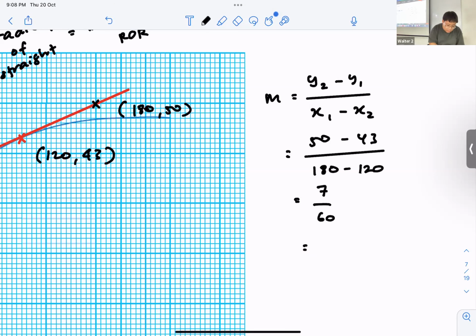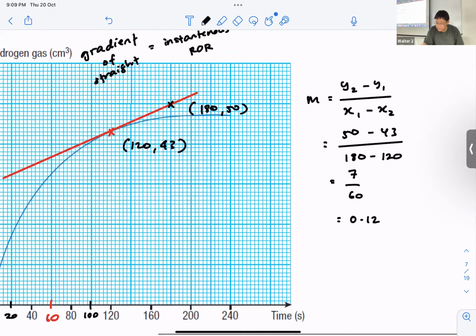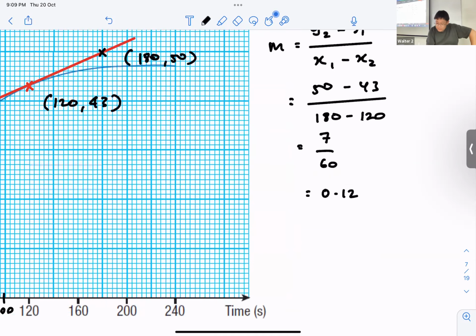So mine is 0.117. You see mine also not 0.11. It's 0.117, but it's very close, so acceptable. Another value is 0.108. So 0.11, right? Round to the nearest two decimal places.